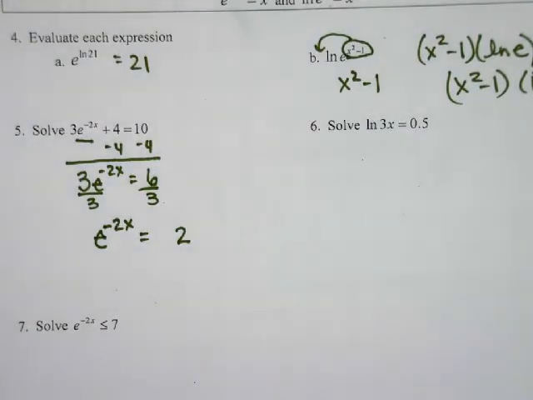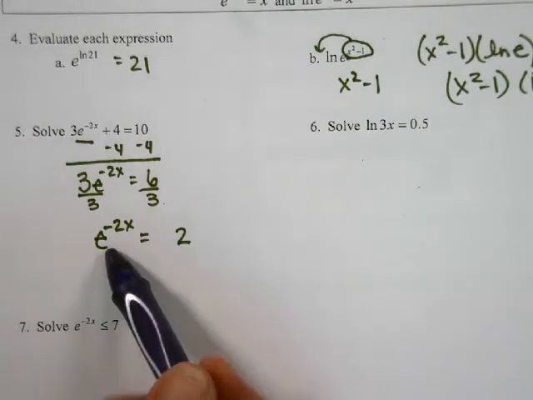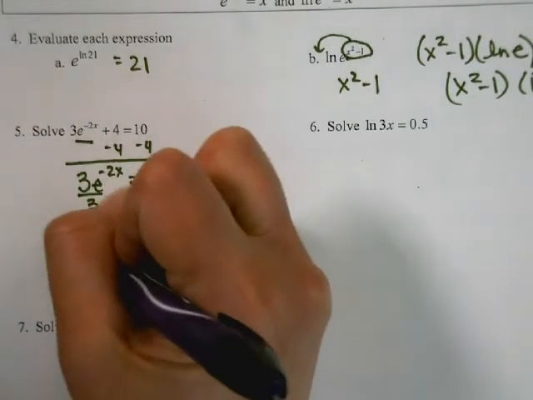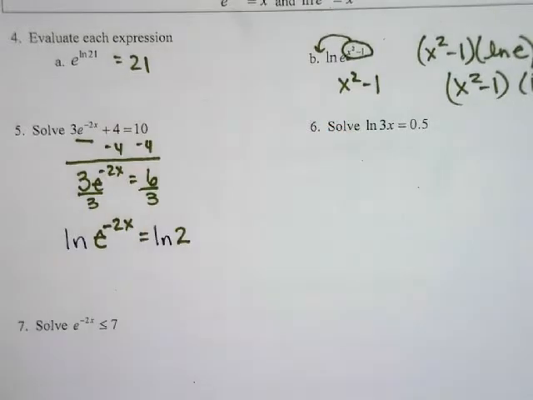Okay, so he was an exponential. He is an exponential. What undoes exponentials? The inverse. And what is the inverse? A log, a natural log, right? A natural log will undo an e. So I'm going to take the natural log of both sides.